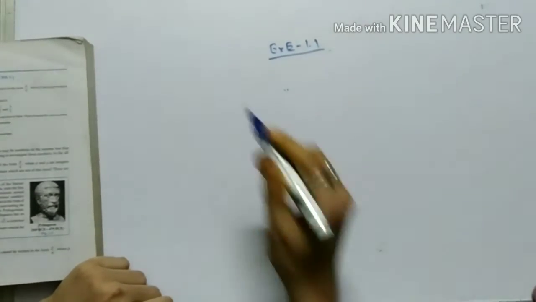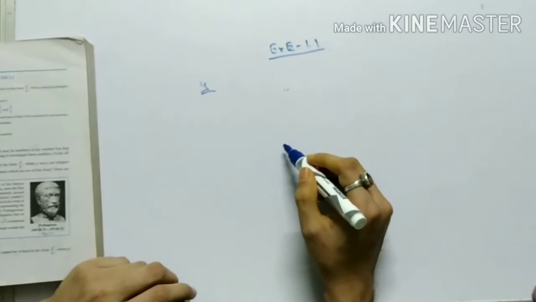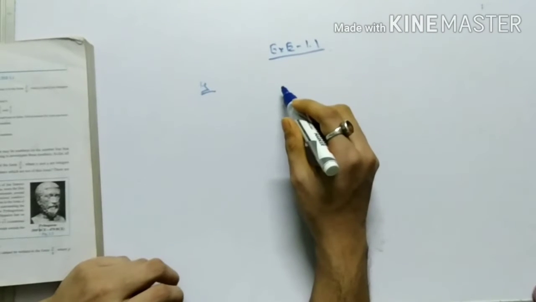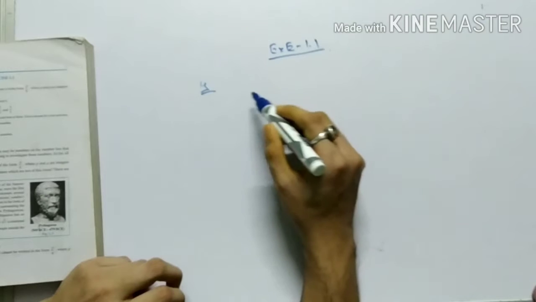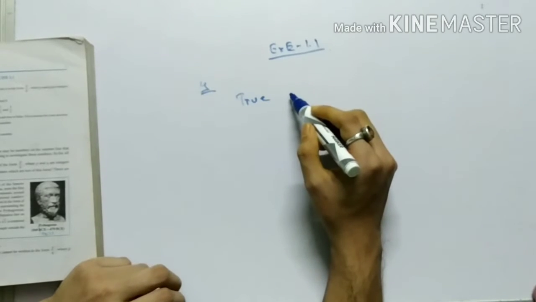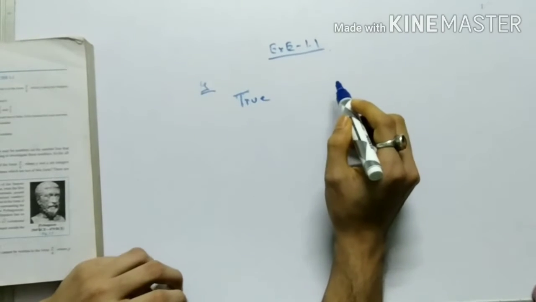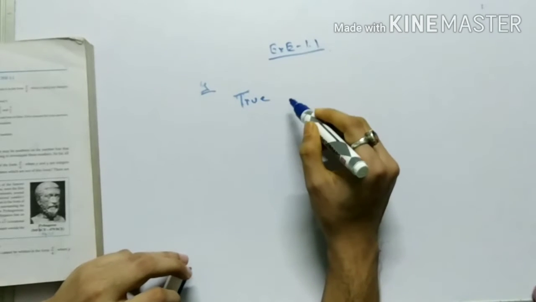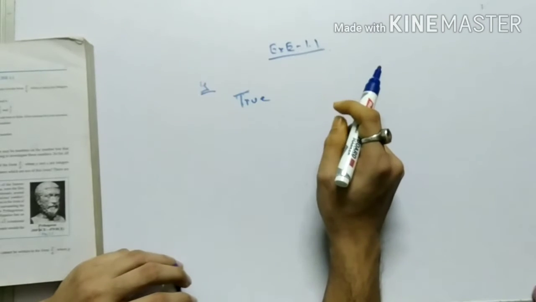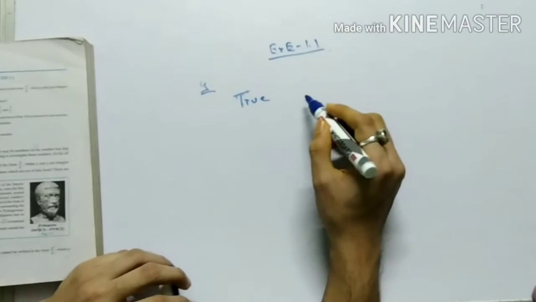Next it is number 4. State whether the following statements are true or false. Every natural number is a whole number. It will be true, because all the natural numbers are included in whole numbers.